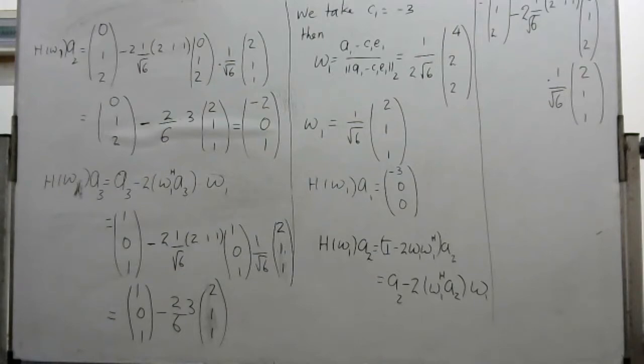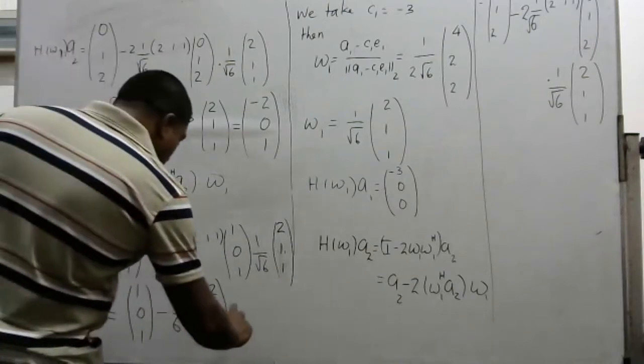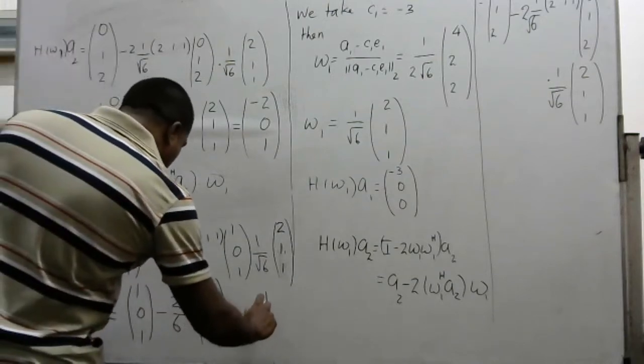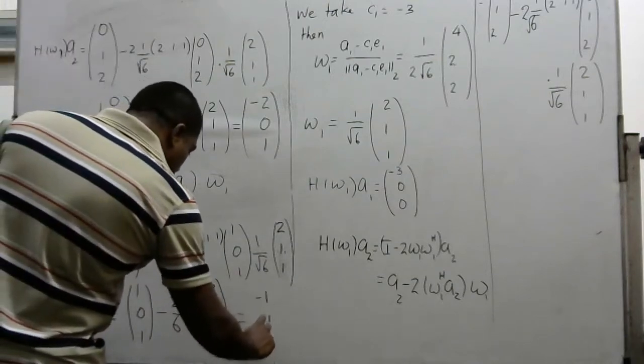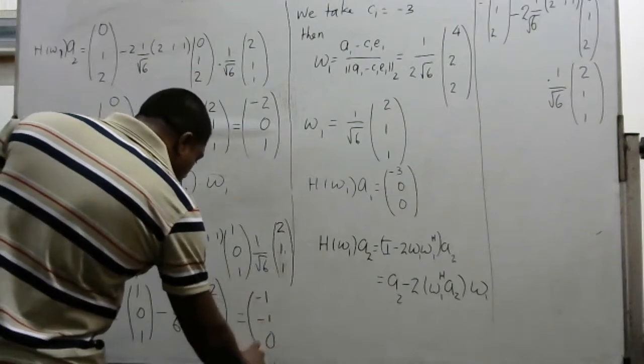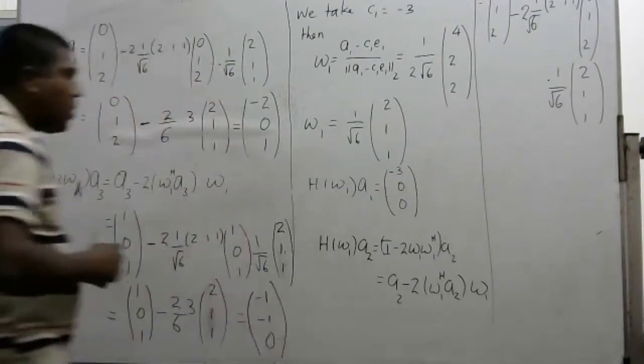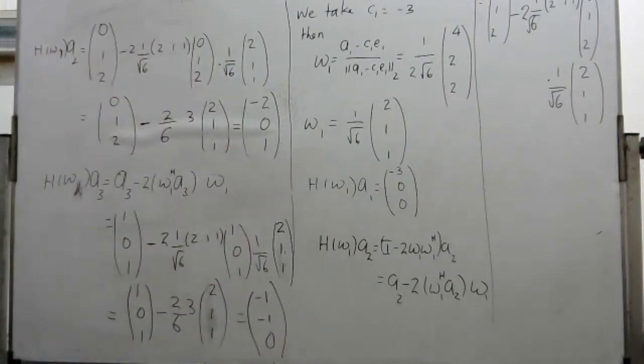So 1, 0, 1 minus 2, 1, 1. If you simplify this, you get minus 1 and 0.